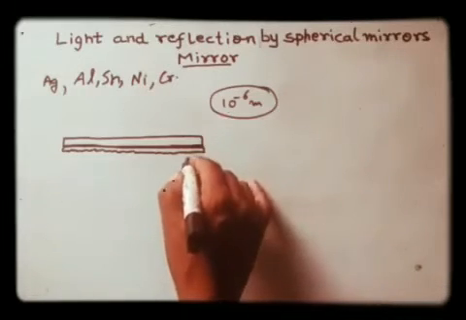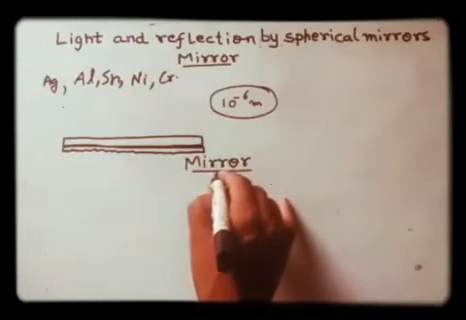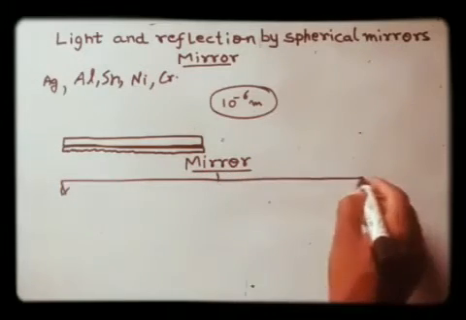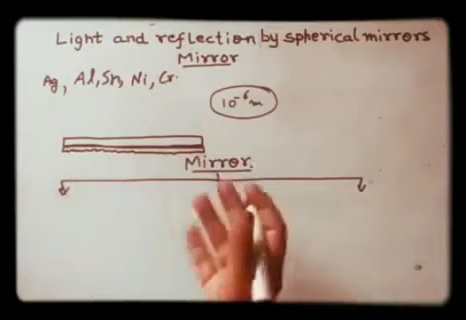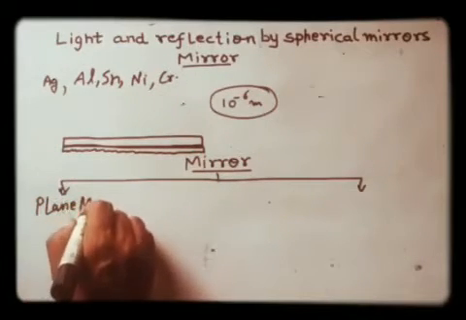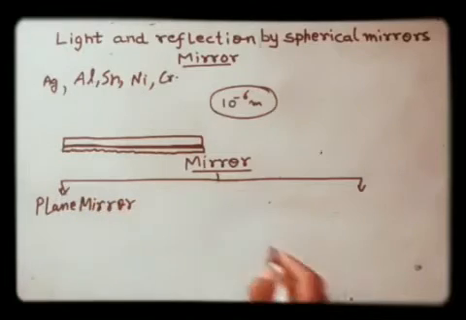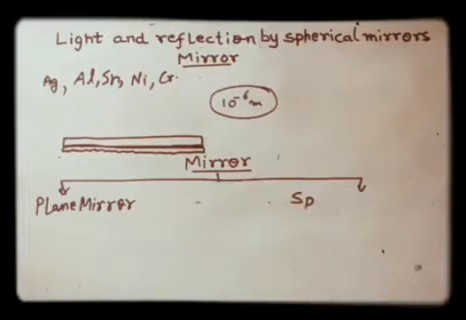So, how many types of mirrors are there? There are two types of mirror. I hope you will say convex and concave. You are not totally correct. Actually, plane mirror and spherical mirror. Actually, curved mirror can be the answer. And among those curved mirrors, there can be spherical, there can be parabolic, there can be some other categories.